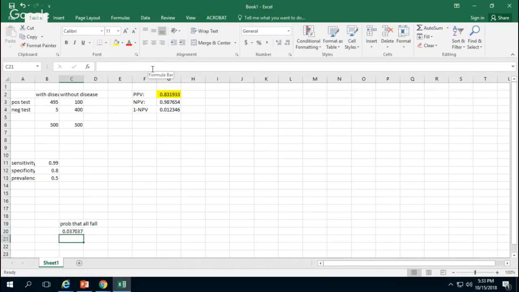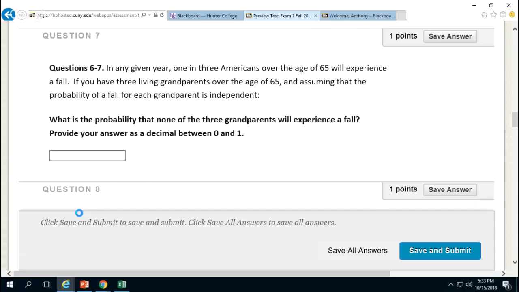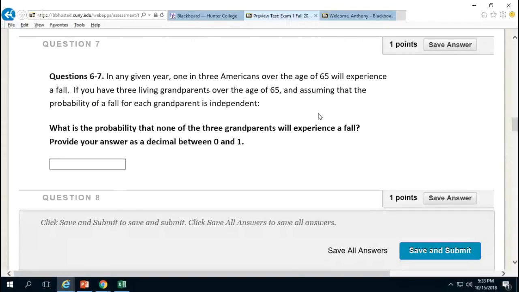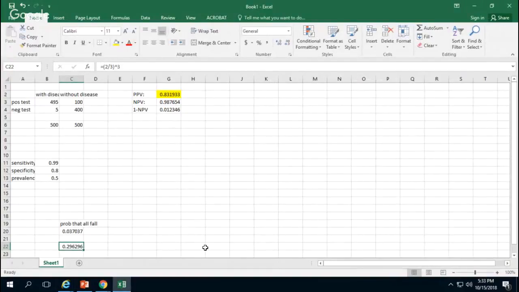The probability of not having a fall is 2/3. So the probability of no one having a fall is 2/3 to the 3rd power. About 30%. Any questions? 30%, that's all you had to do.